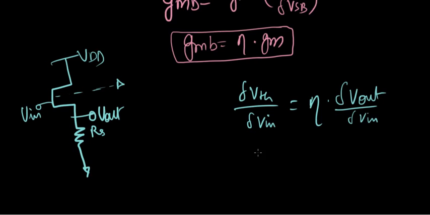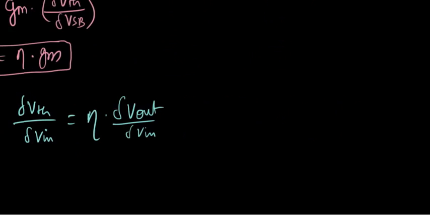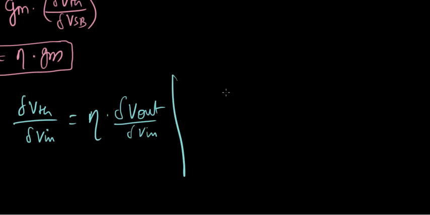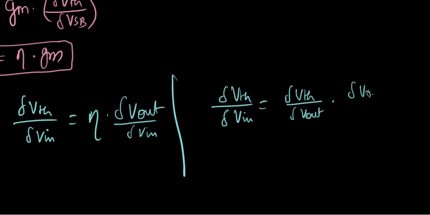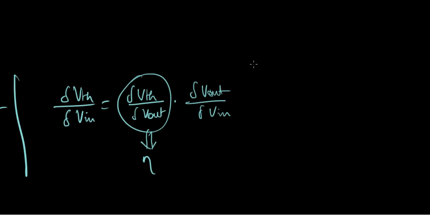First of all, if we take this, what we get, oops, we're out of paper, so let me go there. If we apply the chain rule, what we get is delta VTH over delta V out times delta V out over delta V in. I'm saying that this is now equal to eta. And how can you say that it is equal to eta? We just derived that delta VTH over delta VSB equals eta.